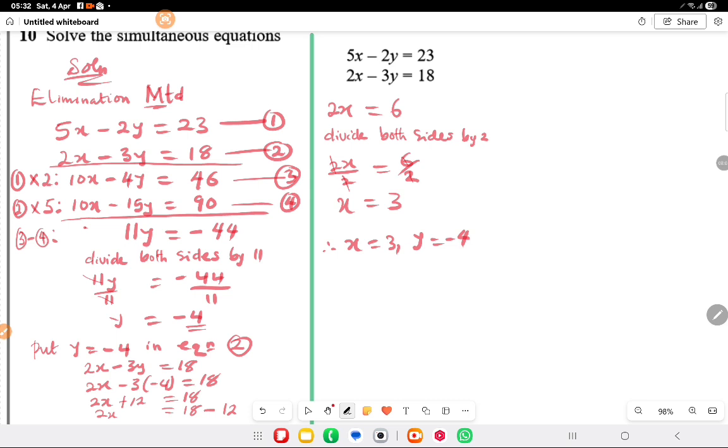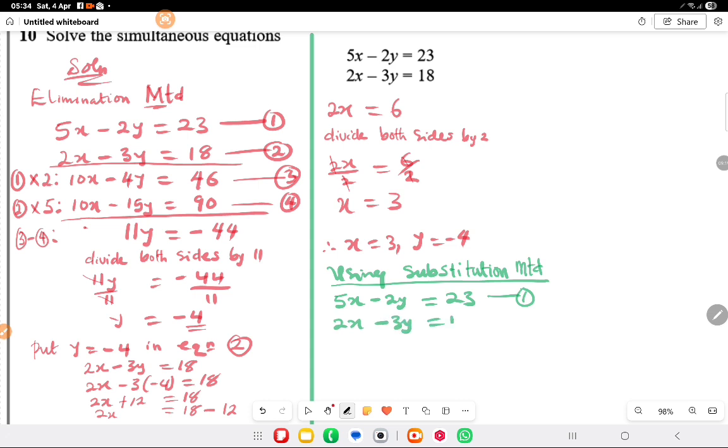Then we have to use another method called the substitution method. Using the substitution method, we write down the equations, which are 5x minus 2y equals 23. We call this equation 1. Then we have 2x minus 3y equal to 18. We call this equation 2. From equation 2, we make x or y the subject of the formula.